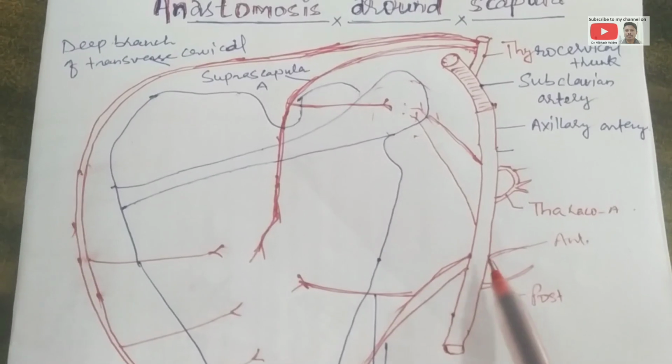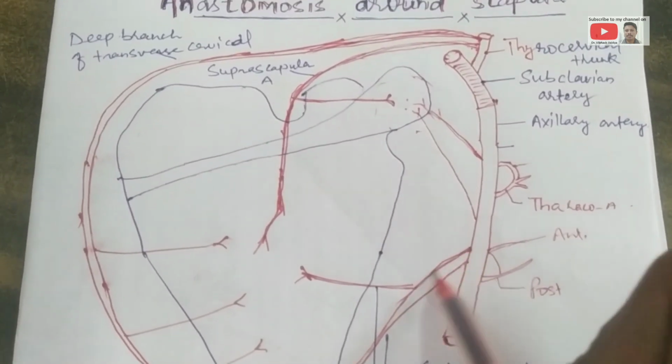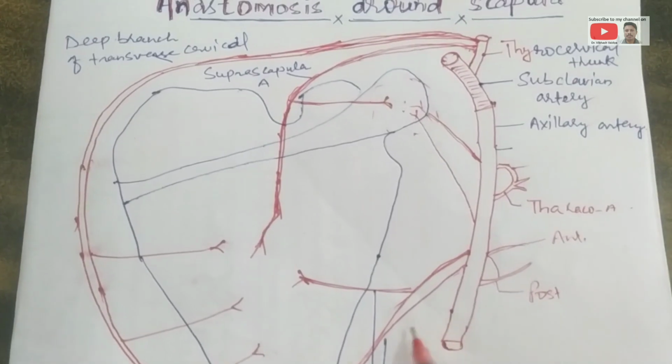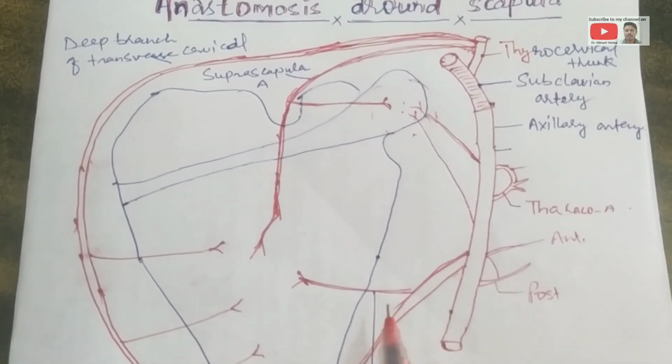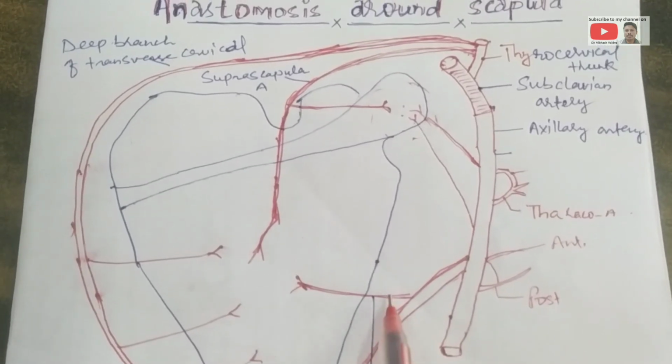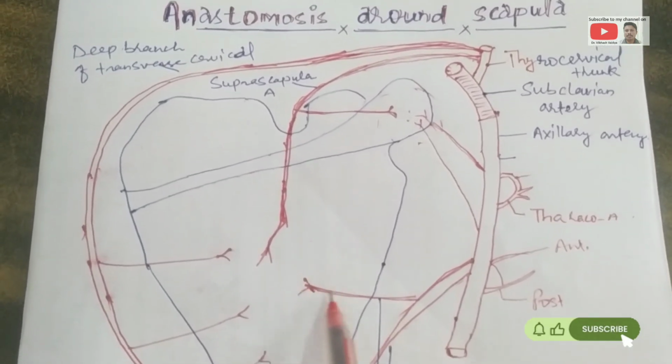And from the third part of the axillary artery, it gives another branch that is known as the subscapular artery. From the subscapular artery it gives the circumflex scapular artery, and it appears on the body of the scapula.